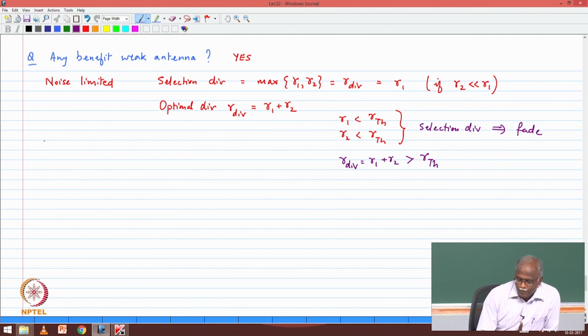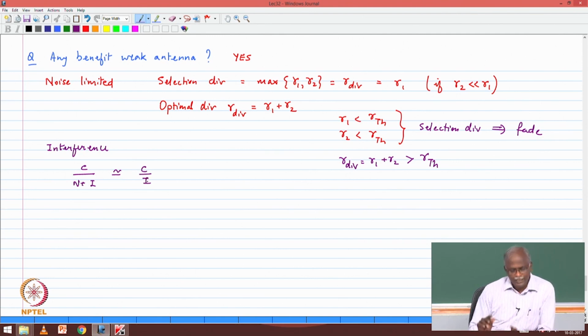The second aspect is when you are interference limited. Interference limited means that C over N plus I, carrier to noise plus interference, is approximately C over I. That is the approximation, and then we will look at this a little bit more.